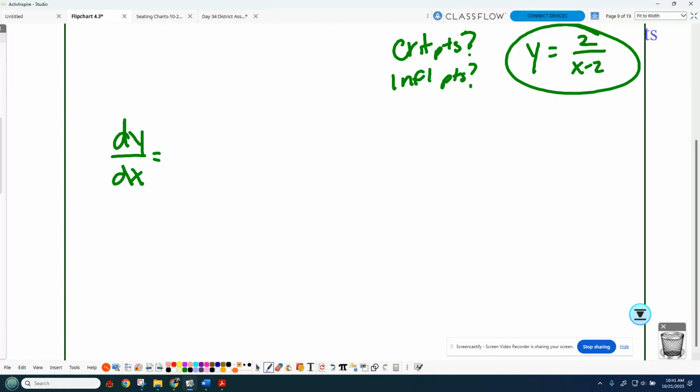Monica, first derivative? Okay, multiply by the power, lower the power. -2 over x minus 2 squared. So critical points where this is 0 or undefined, so x equals 2.